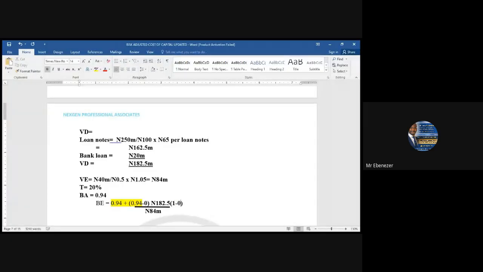Tax. Don't forget, I will smooth this first.